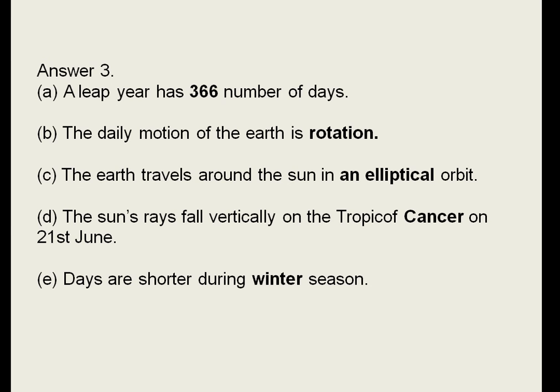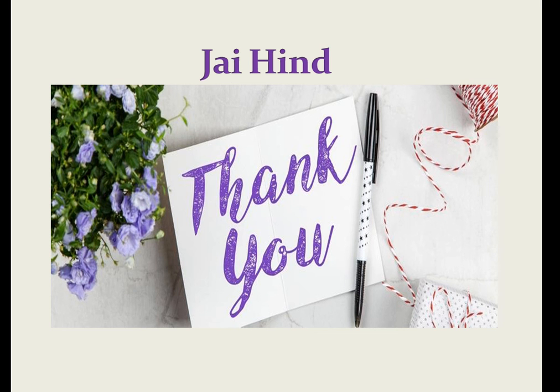Days are shorter during which season? Winter season, and nights are longer, right? The question may be changed: days are shorter during the winter season, or nights are longer during that season. So again you have to write the same answer, winter. Read the question properly, then write the answers, right?